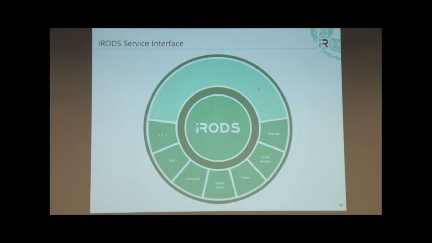For the audit services, we have an audit plugin that will basically write out all the policy enforcement points that you execute. And by doing that, you can audit everything that happens within your system. You can write it to a database, and that helps you know what's going on in your system. Maybe for compliance reasons, you have to have that audit.